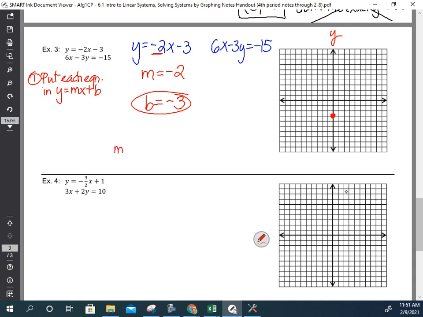Remember, if it's a negative slope, first you make it a fraction. So your first movement should either be up or down. Since that's negative, that means we're going down, and then to the right. Down 2 to the right 1.